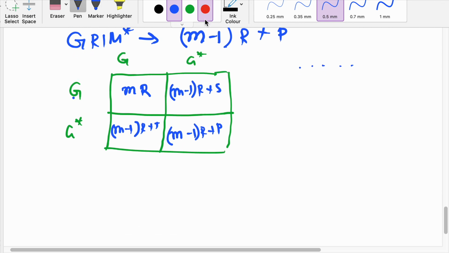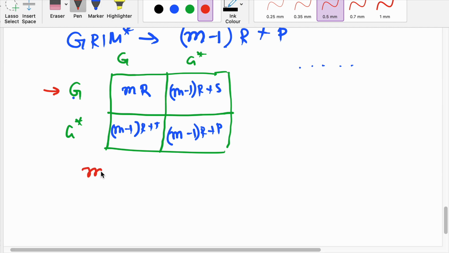Now here you will find one problem. This kind of strategy will always win. Why? If the green player sees that my opponent is playing green, then what should I do? Should I play green?